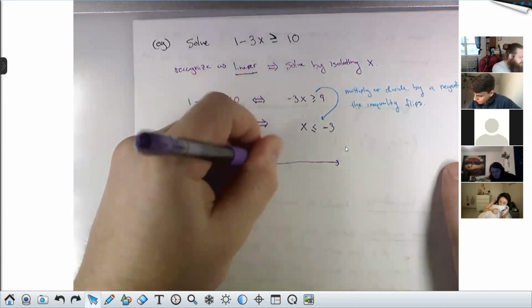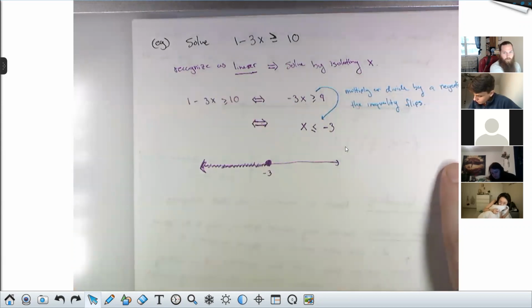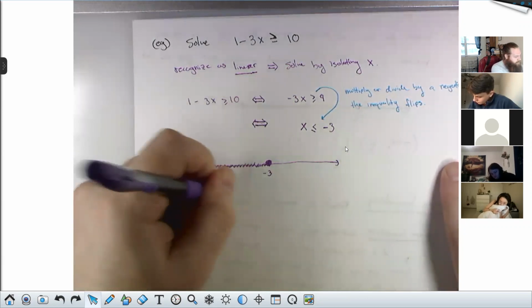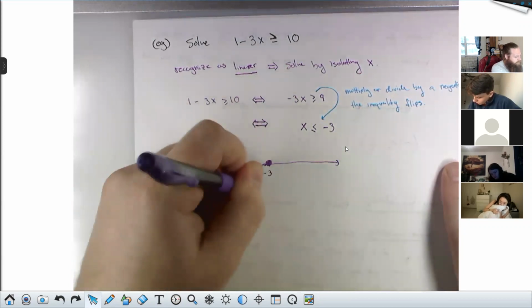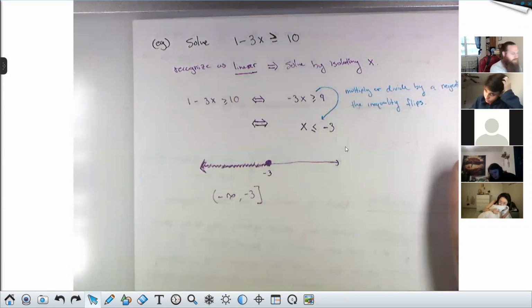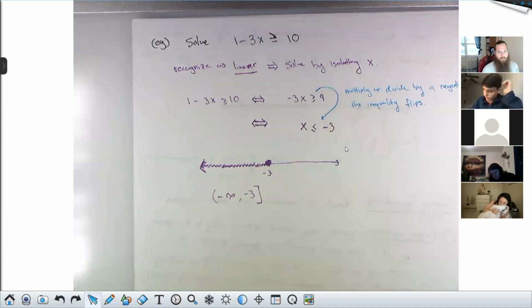So I'll use a filled in dot there, or you could use a bracket, either one. So you see that the solution set is the interval from -∞ to -3 with a bracket on the -3. Remember, when you're writing your interval notation, the smaller thing always goes first. Smaller number first, then the larger number. Negative infinity is definitely smaller than -3, so negative infinity goes first.